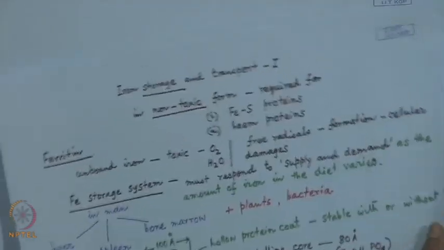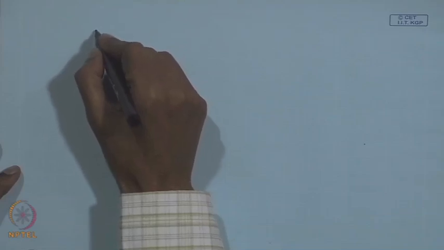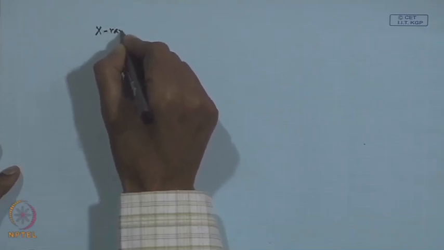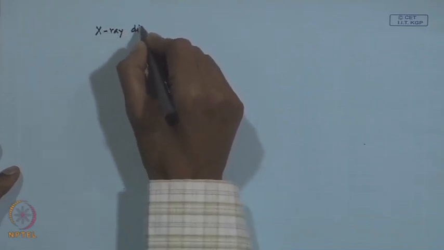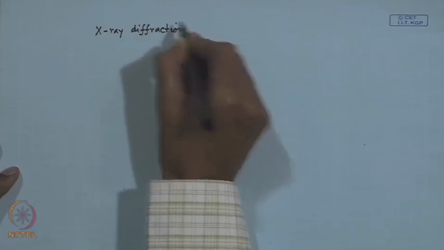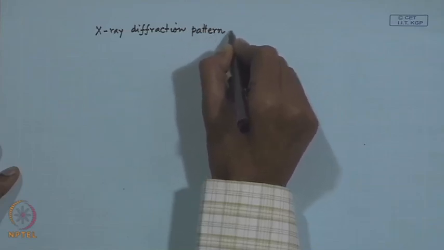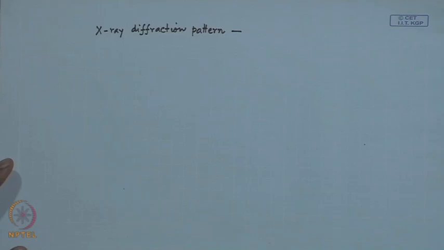So, X-ray diffraction pattern very well can be utilized for the identification of the typical composition of this ferritin molecule, and if we compare this X-ray diffraction pattern, which is the powder X-ray diffraction pattern, not any kind of single crystal X-ray structure determination.